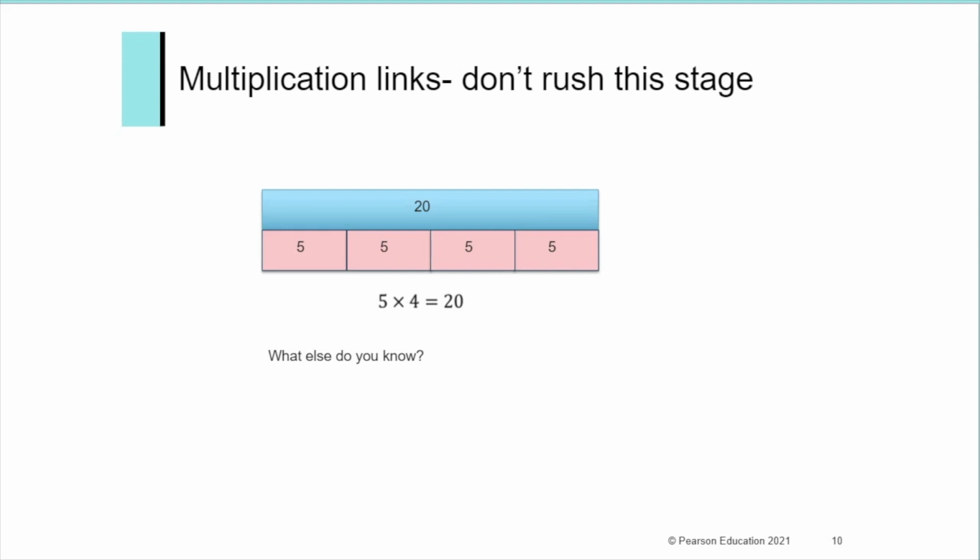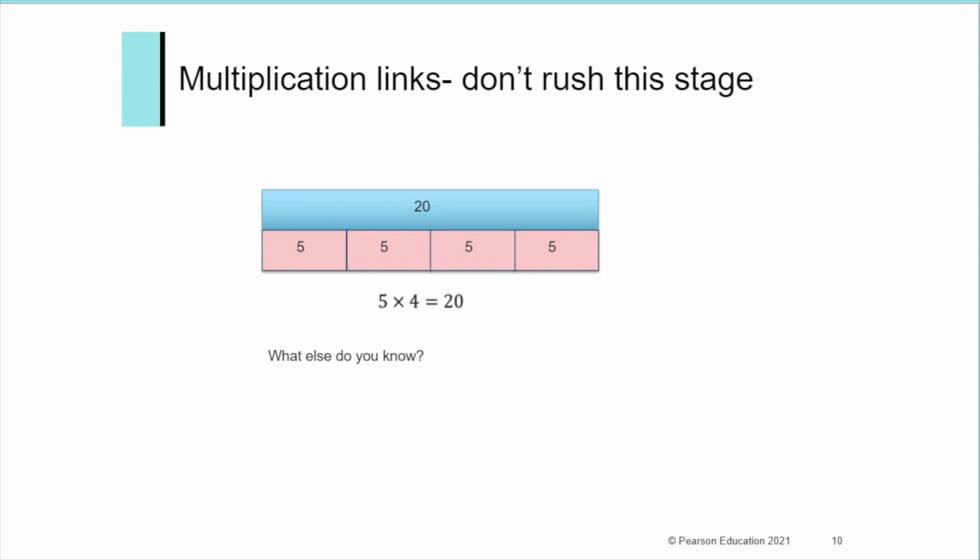The multiplication, don't rush this link. Even if it's something that you need to go back to with your higher students, GCSE classes, remind them about multiplication, remind them what this means, this idea of the 20 where we've got 4 lots of 5. 5 times 4 is 20, what else do you know? 20 divided by 5 is 4, and so on. That for me is a really key part of it.